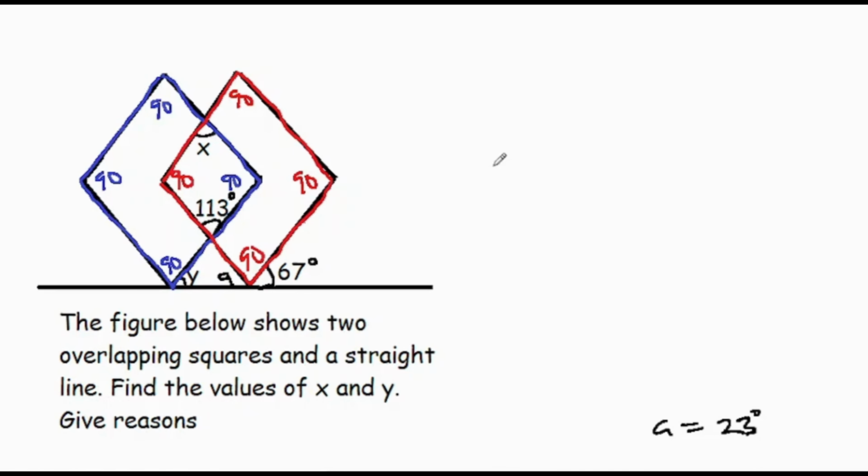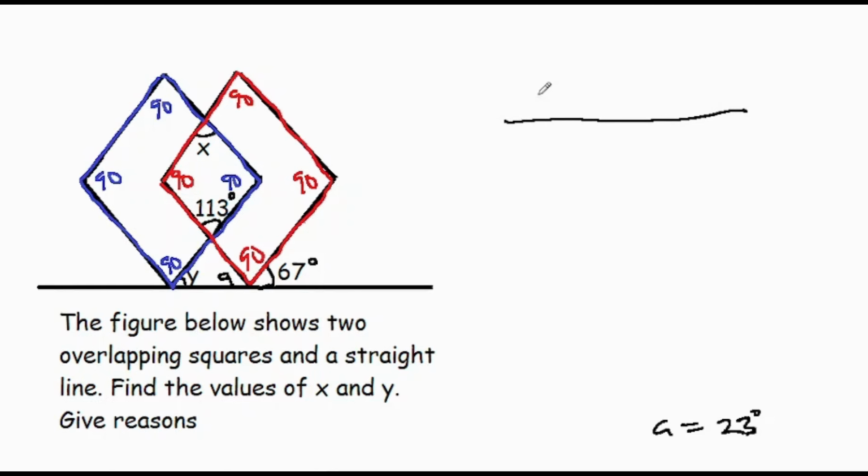Now we are going to attempt to find y. We are going to redraw the triangle at the bottom here, containing y, A, and another angle that we don't know yet. Let's have the base, a black line.